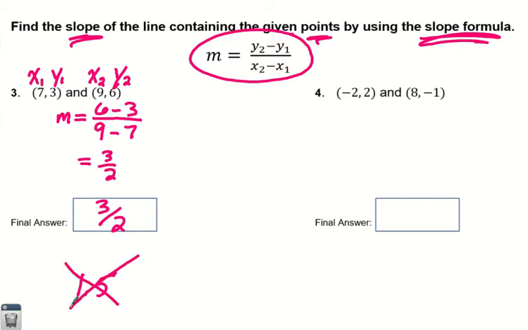It's not exactly wrong or anything, but considering that multiple choice tests are most certainly in your future, keystones, SATs, whatever, that's what you're going to see. You're going to see 3 over 2 in the answers that you got to pick from, not 1.5.